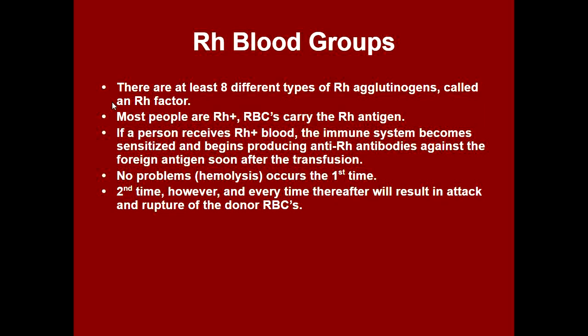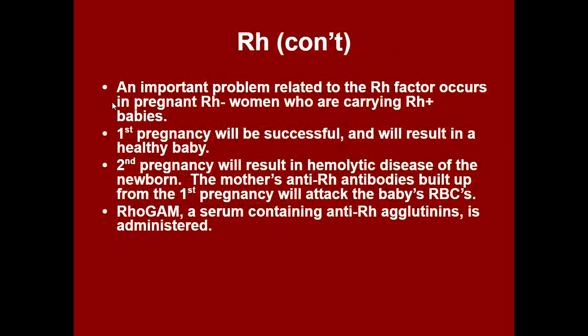Now, it obviously is a problem with blood transfusions, but it also can be a problem with women who are pregnant. Women who are RH negative have an additional problem because if you are negative and you are pregnant with a positive child, that is like a foreign invader as well.